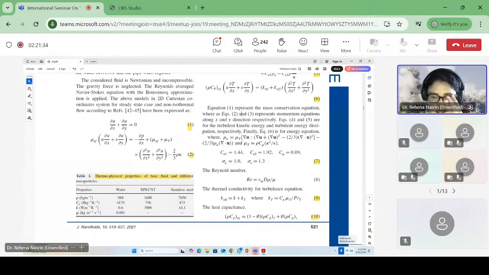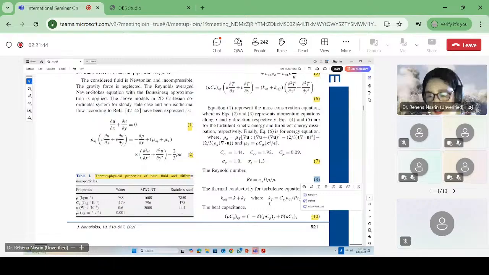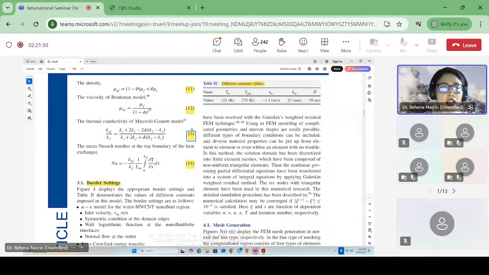Also equations 8, 9, 10, we use these equations. Equation 8 is known as Reynolds average. Equations 11, 12, 13 are nanofluid related equations. That means effective properties of the nanofluid.